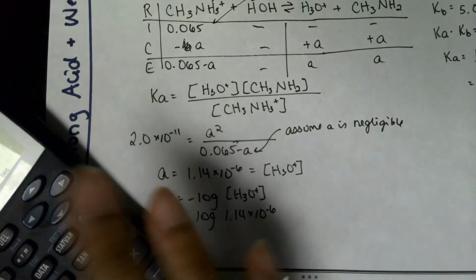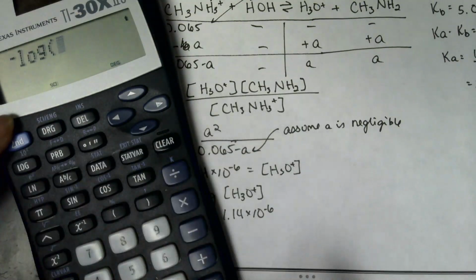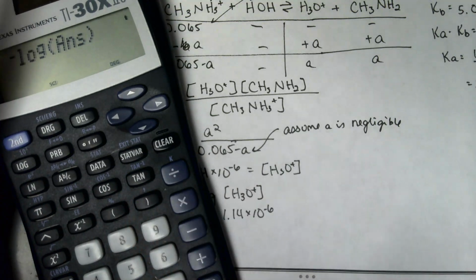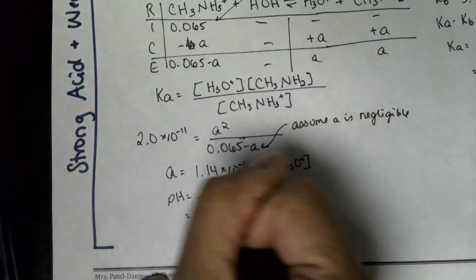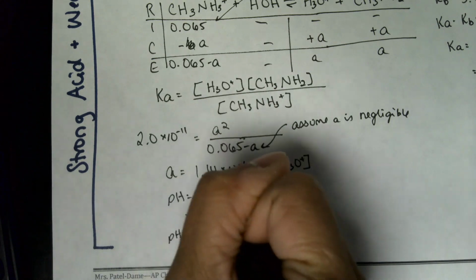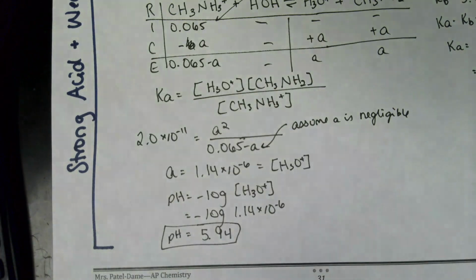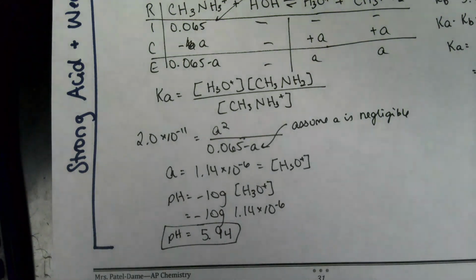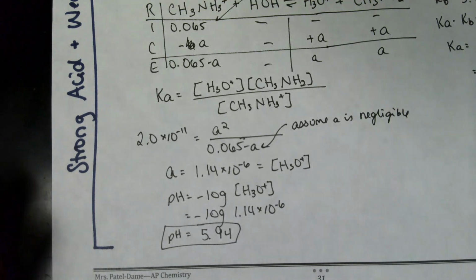So negative log of that answer ends up being 5.94 for that pH. Phew. All right, cool. So does this make sense? You've got a strong acid and a weak base, so our equivalence point ends up being lower than 7. So yeah, that part makes sense.